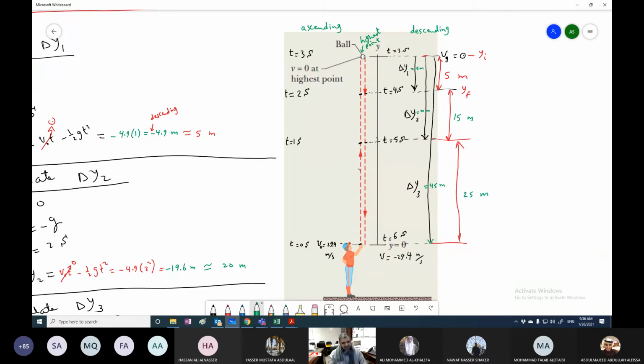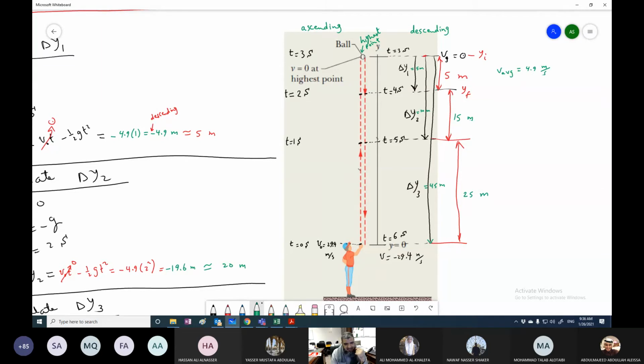Now in the second second, the speed here was minus 9.8, and here the speed became minus 19.6. So the average speed here is much higher than in the first second. We can write V average here, and let us consider the magnitude: 4.9 meters per second.